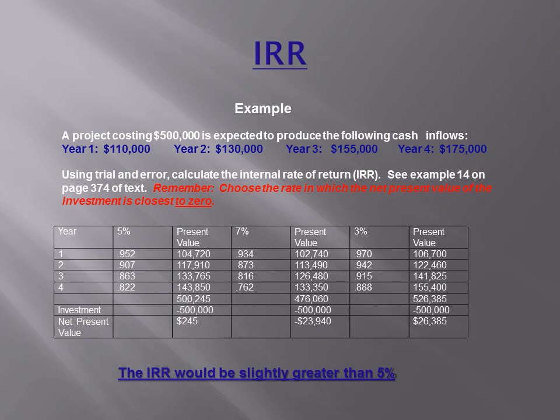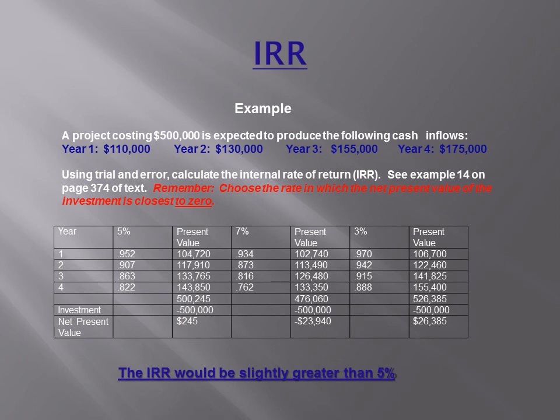You would have to do the exact same thing at a 7% cost of capital and at a 3% cost of capital, with those cash inflows over the course of the 4 years.